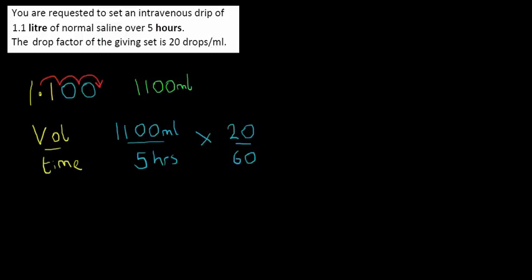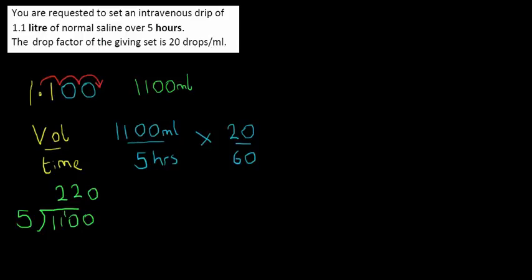Okay, we're now ready to do some simplification. Well, if I look to simplify that first fraction, I can see that 5 goes into both top and bottom. So 5 into 1100, 5 into 1 doesn't go, 5 into 11 is 2, remainder 1, 5 into the other 10 is 2, and 5 into 0 is 0.